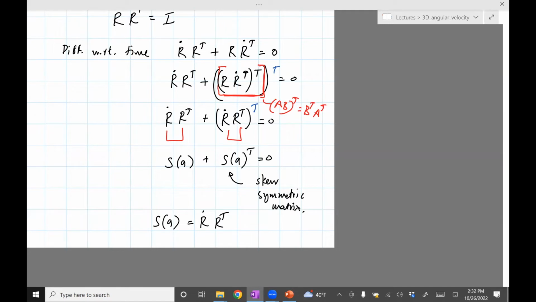And remember that R dot is probably related to the angular speed because it gives you the rate of change of the Euler angles in a way, because the Euler angles are embedded inside R. So we can write an expression for R dot.